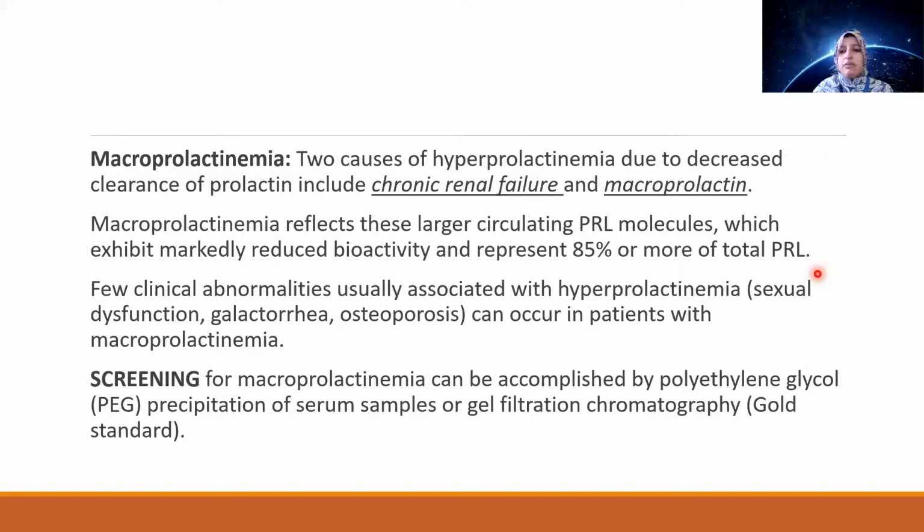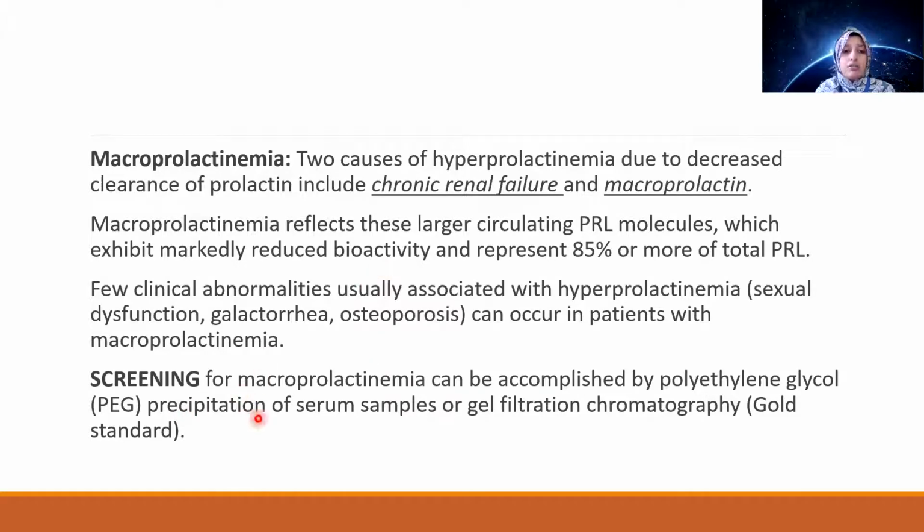So they're not bothering you, but they're giving you a large number that the prolactin is very high. But they are actually not biologically very active because they are big. A few clinical abnormalities usually associated with hyperprolactinemia, like sexual dysfunction, galactorrhea, and osteoporosis, are possible in cases with macroprolactinemia. So you have to be very careful.